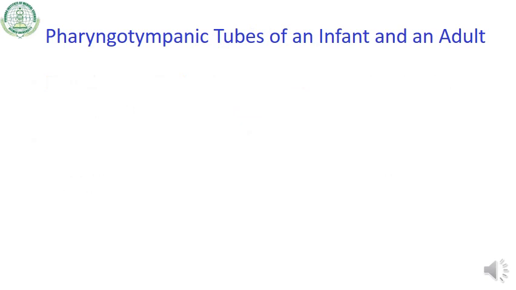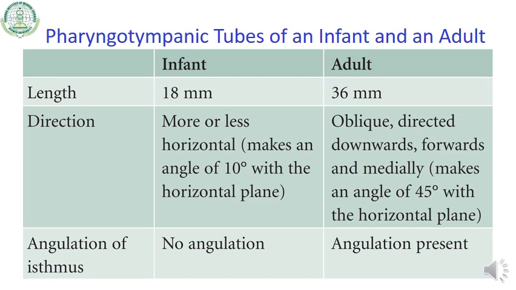Now we will see the pharyngotympanic tubes of an infant and an adult. What is the difference? If you see, in an infant the pharyngotympanic tube measures around 18 millimeter, while in an adult it measures around 36 millimeter. So there is a double length if you compare the infant and the adult tube.